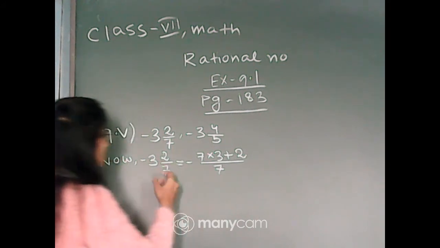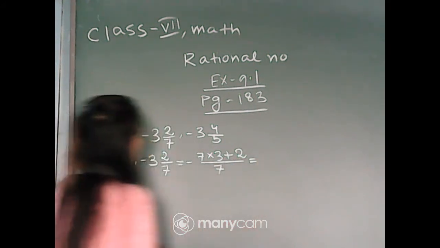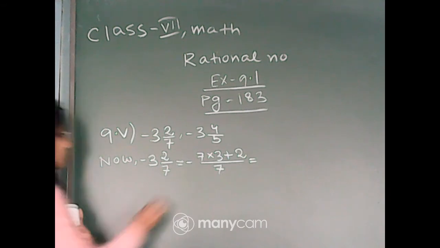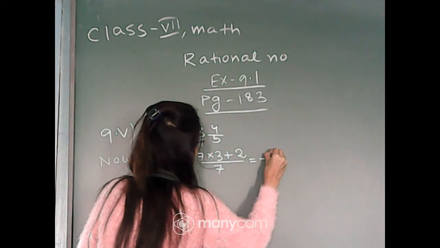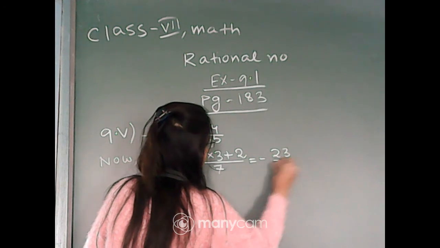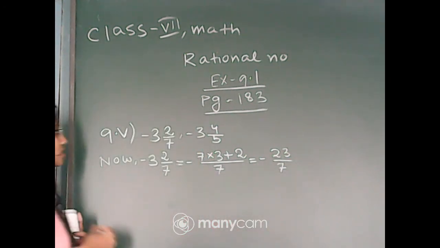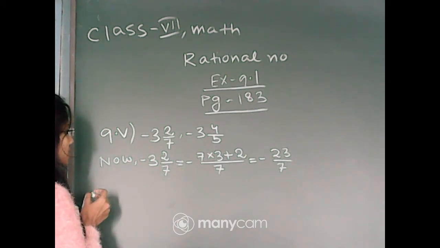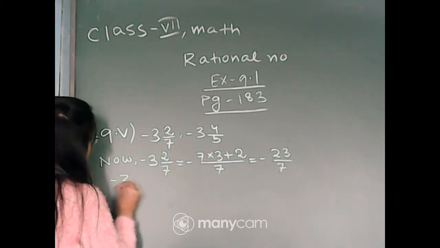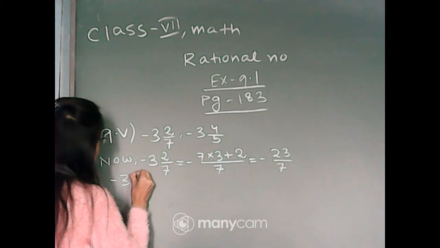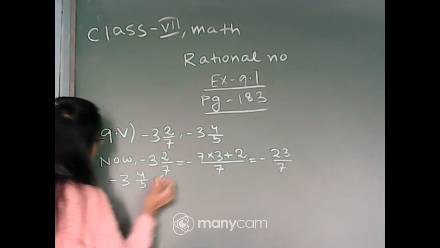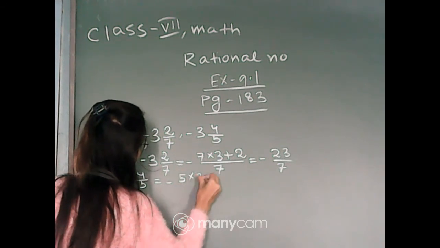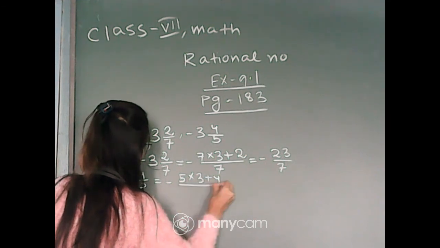We convert this into the improper fraction, and this is equal to minus 23 divided by 7, and minus 3 whole 4 by 5 is equal to minus 5 into 3 plus 4 divided by 5.